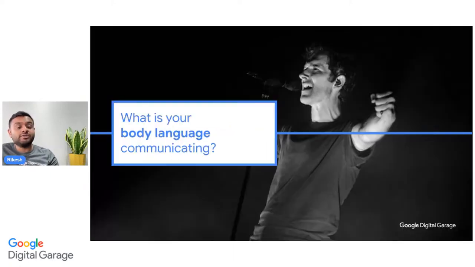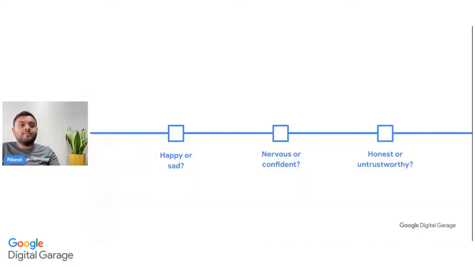Now, another thing to consider is our body language when it comes to presentation skills. So think about the non-verbals. What is it communicating without us even opening our mouth in general? Different types of body language can communicate different potential messages or thoughts as well.